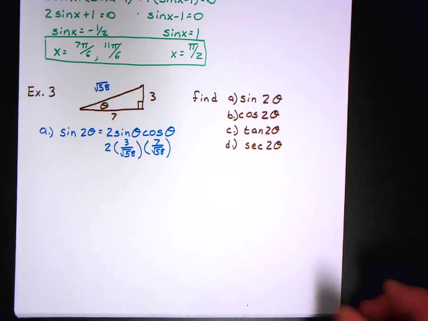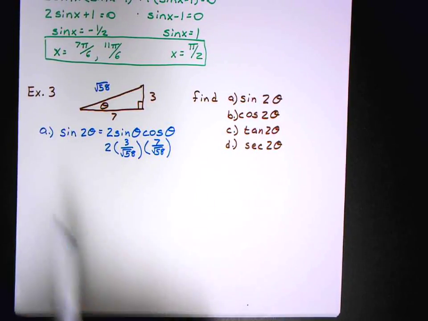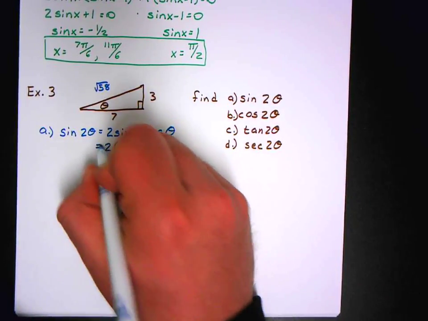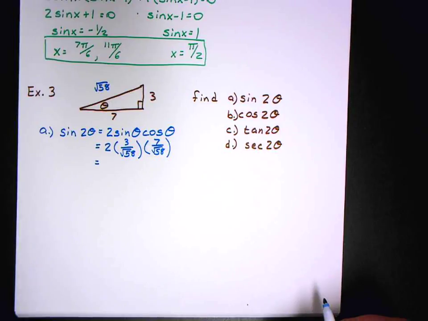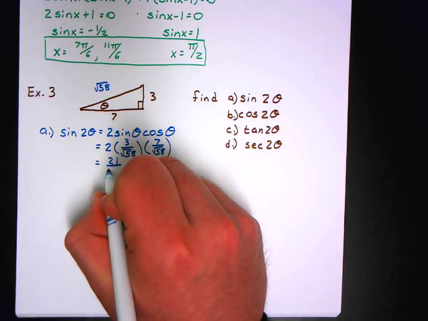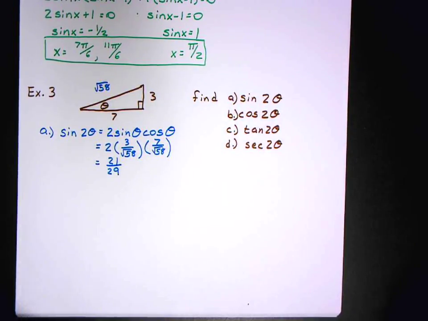Okay, so then all I have to do is multiply it together. I'd end up with 42 over 58, which reduces down to 21 over 29.